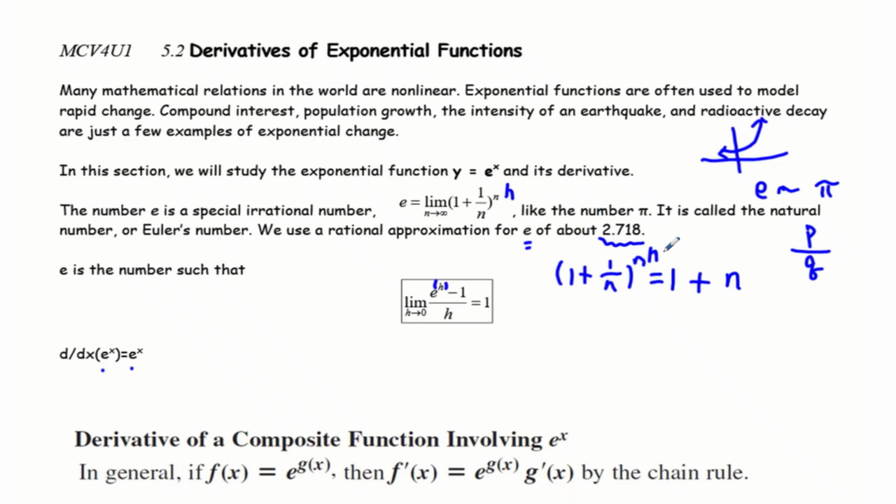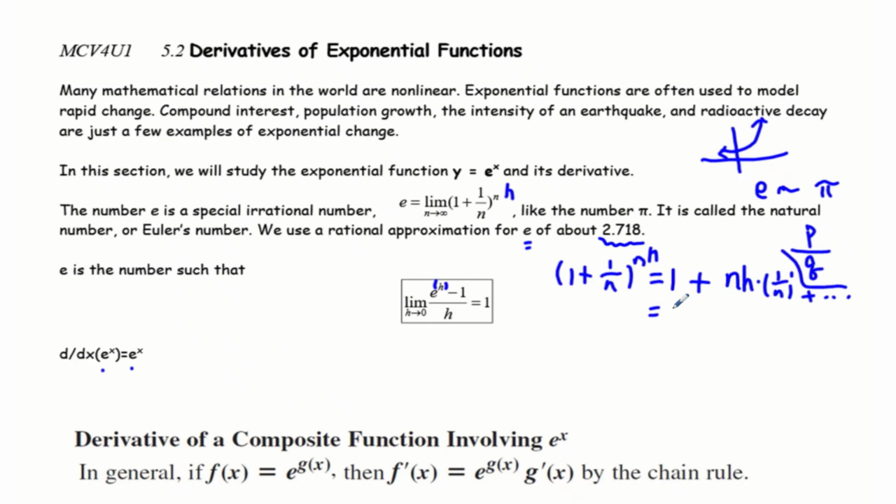From Pascal's triangle, this is the coefficient for the second term in the expansion, times 1 to the exponent n minus 1, and this one will be just exponent 1. Then dot dot dot.